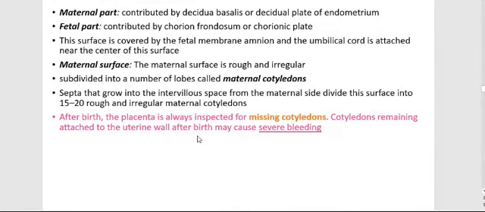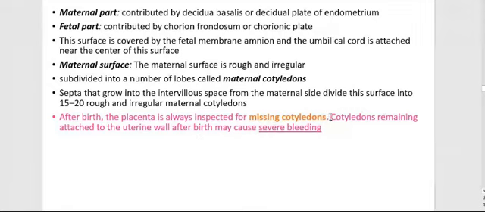After birth, the placenta always has to be inspected for missing maternal cotyledons. If some of the maternal cotyledons still remain attached, that is what causes bleeding after delivery. Some women have died because of severe bleeding.